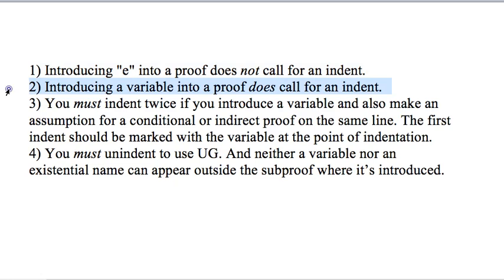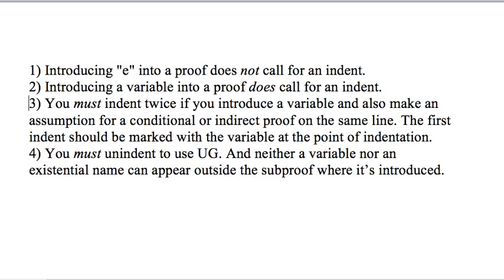On the other hand, bringing a variable into a proof, a free variable for the first time, does call for an indent. The first time a variable shows up on a line free, it must be indented. Now, we've seen proofs where you introduce the variable and then make an assumption on the same line. For example, you might be trying to prove fx arrow gx in order to prove for all x fx arrow gx.